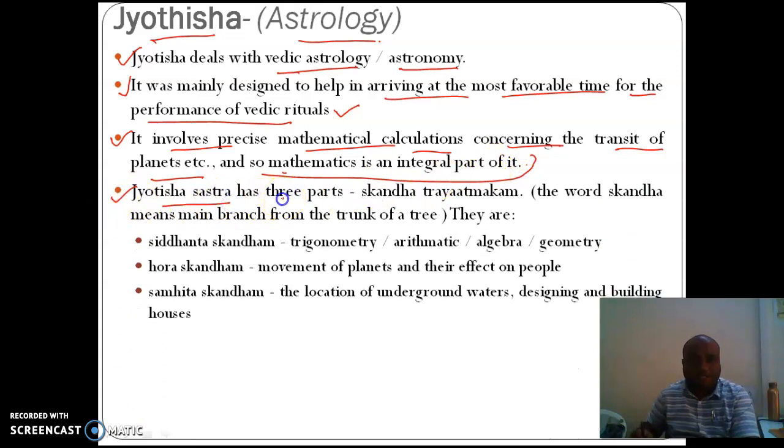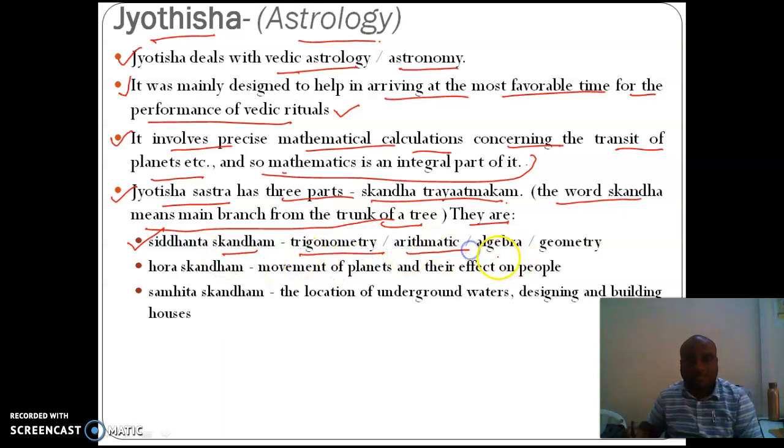Jyotisha Shastra has three parts, Skanda Trayatmakam. The word Skanda means main branch of the trunk of a tree. They are Siddhanta Skandam, which deals with trigonometry, arithmetic, algebra, geometry. Hora Skandam, which deals with movement of planets and their effect on people.